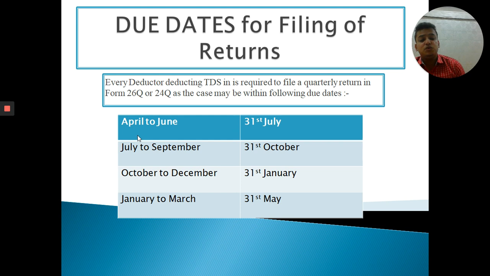For April to June, it is 31st July, that is after 30 days. It is the due date, that is the last date of filing the return of TDS in Form 24Q and 26Q. April to June is 31st July. July to September, my friends, 31st October. October to December, 31st January. January to March, 31st May. Well, not much to explain in these.